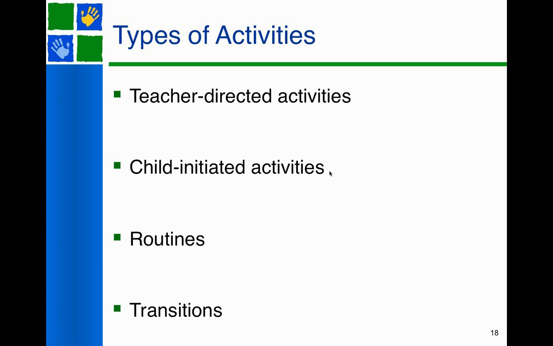These may be things like circle time, storybook reading, child-initiated activities, which oftentimes in preschool classrooms are centers, and perhaps outdoor play on your schedule is primarily what you would define as a child-initiated activity, meaning children are generally free to initiate what they do in the activities and what materials they use in the activities.